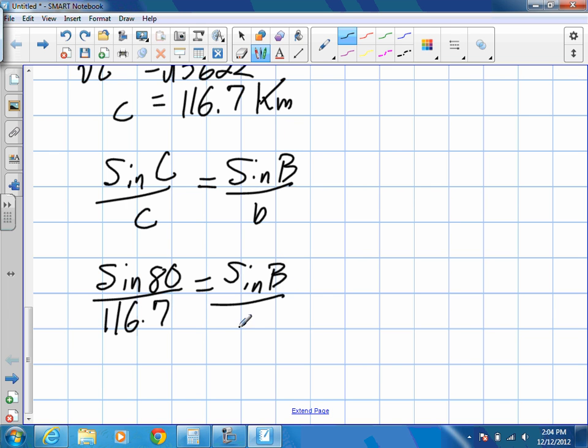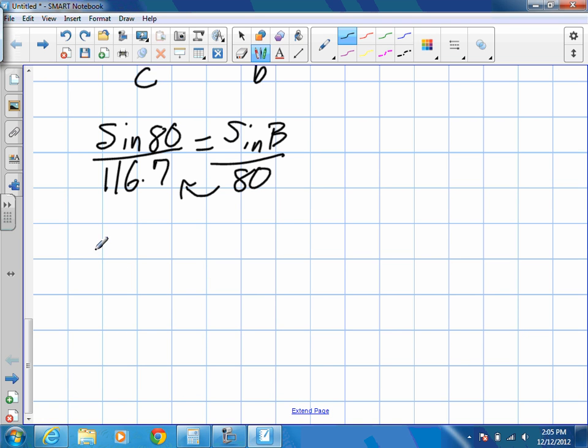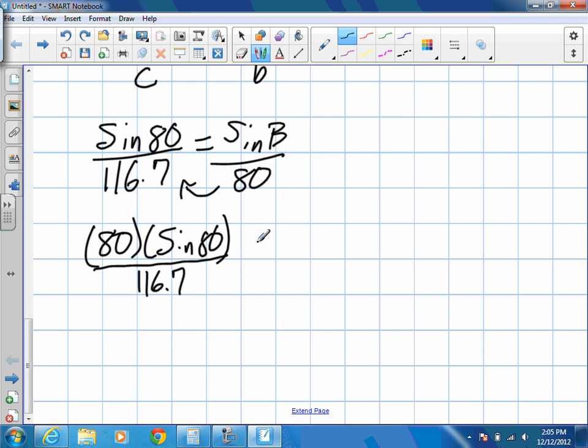Now, instead of doing this all in decimal form, I'm going to show you how you can type this in your calculator in one shot by using algebra first and then typing it in. So the first thing I need to do is what? Move the 80. When I move the 80 over, it's like putting it on the top of a fraction. So 80 multiplied by sine 80 divided by 116.7 is equal to sine B. I need to get B by itself. What do we do?